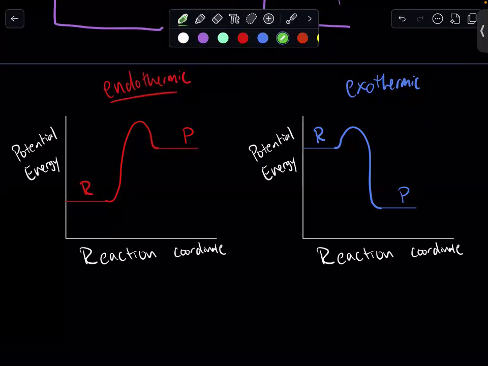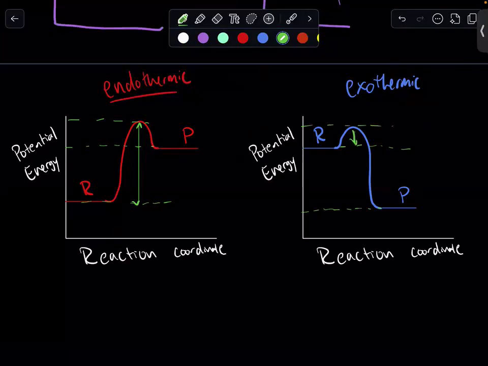But the big difference in this curve is now we have this long bar right here that refers to the top of the bump, to our energy. And we actually have 3 points of interest: the amount of energy in our reactants, the amount of energy in our products, and the top.